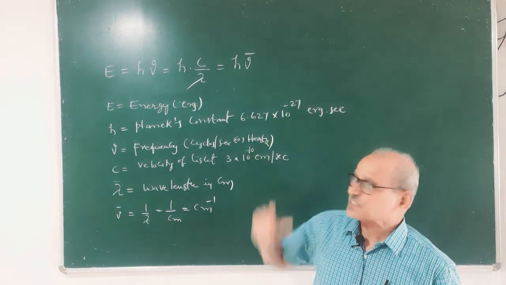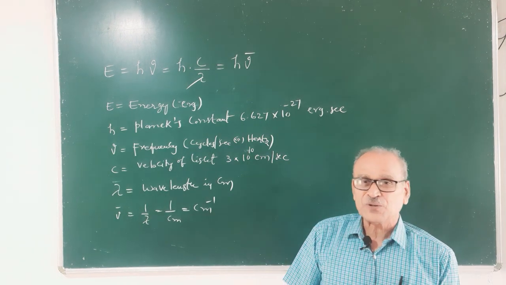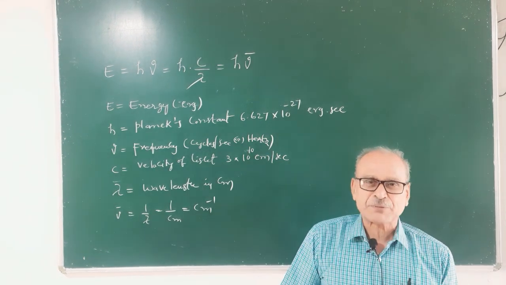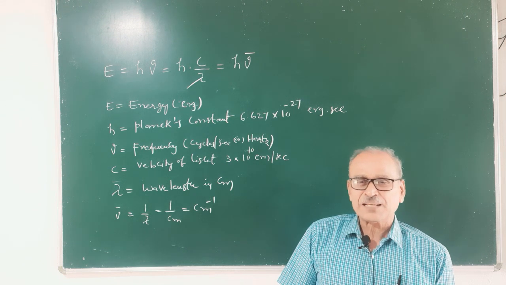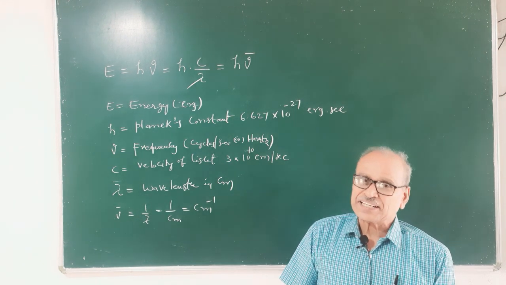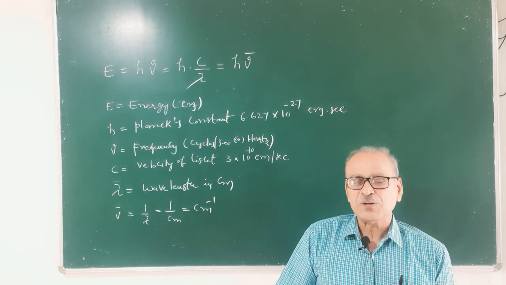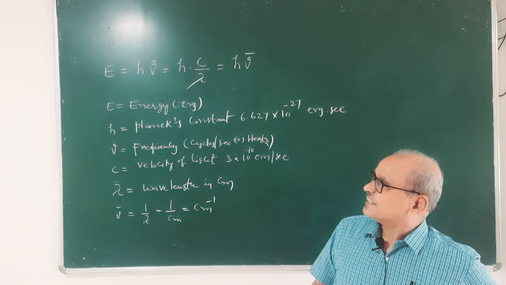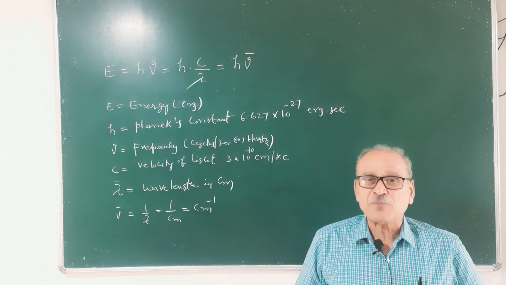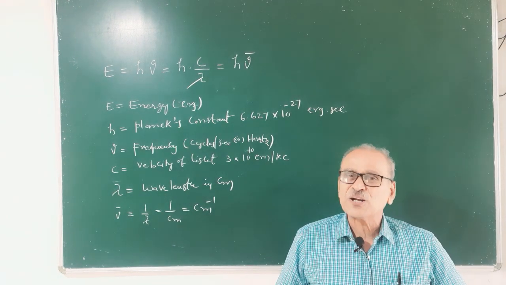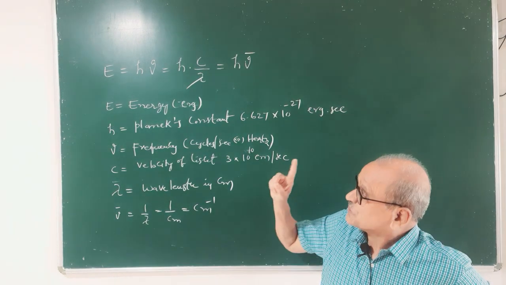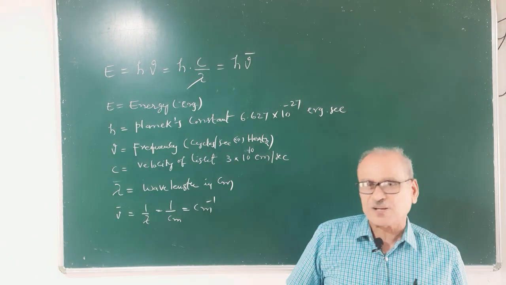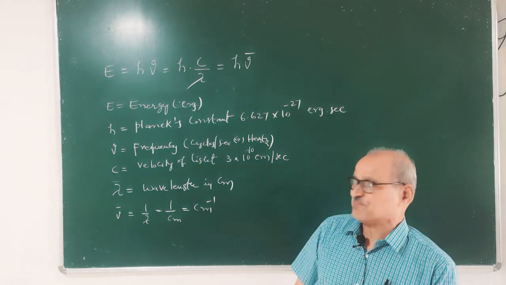Now, this equation is based on two very important experiments: number 1, the photoelectric effect, and number 2, black body radiation. Radiant energy can be in the form of discrete units called photons, and hν represents a photon of energy.